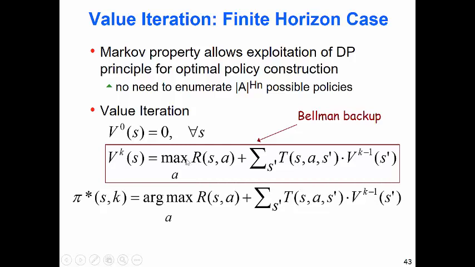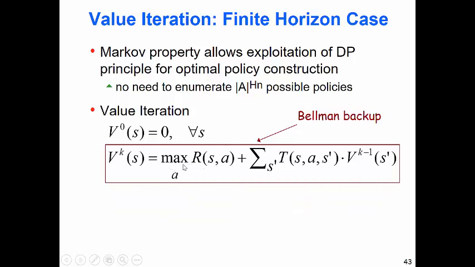Basically, you have the immediate reward. So we're going to say the value at state S with k time steps to live, the optimal value, is going to be, we'll consider all the actions and we're going to max according to the actions, what the reward is going to be, plus the expected value of the state we end up at after we take this action, but with one less time step to live.